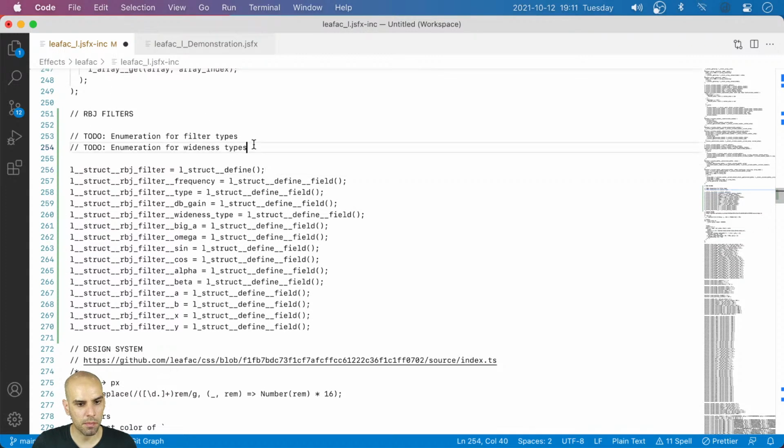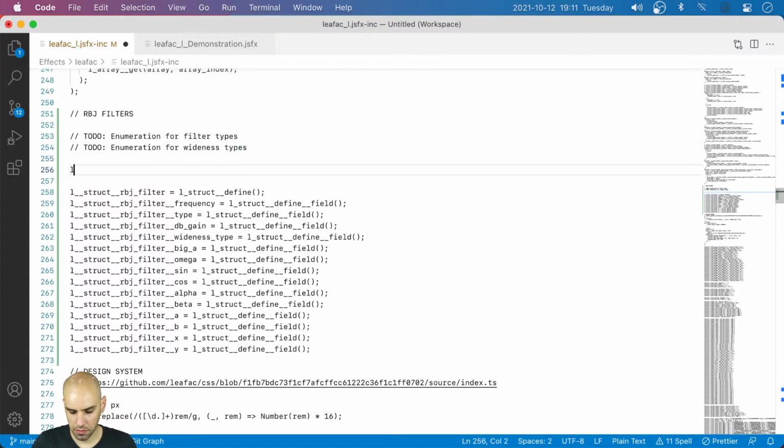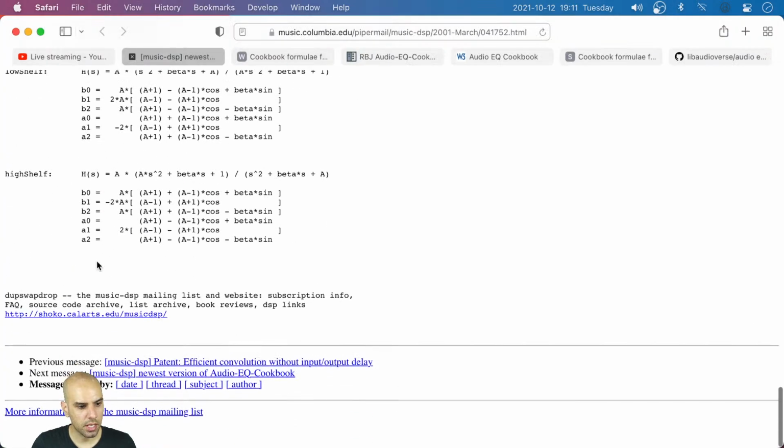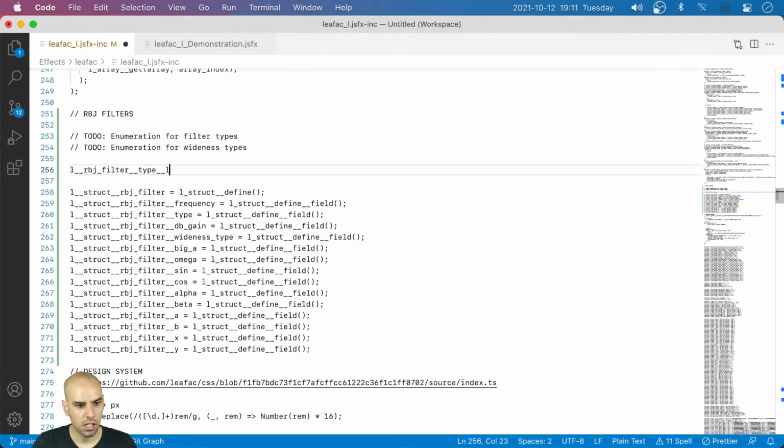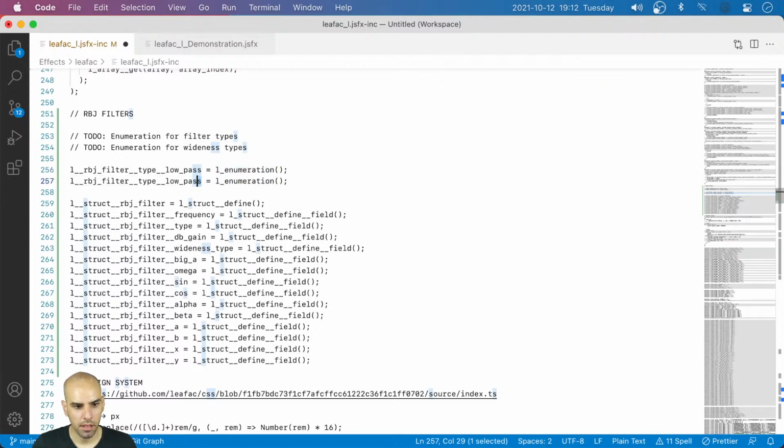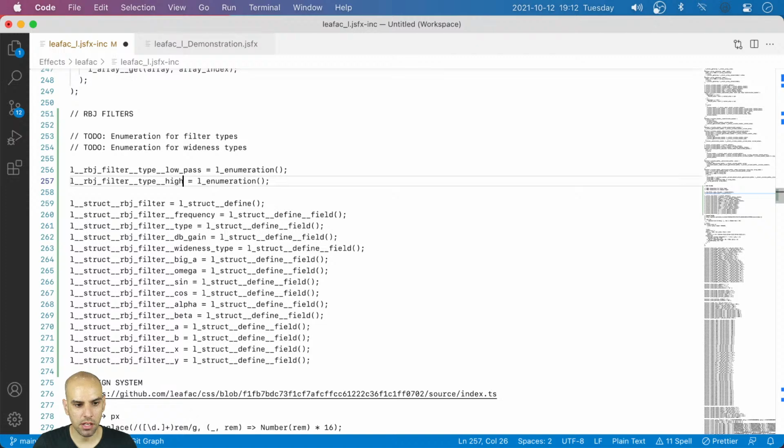So let's define them. I will define Rbj filter type, and we will need all these types over here. So let's see. Low pass, and you can see that I'm spelling things out.